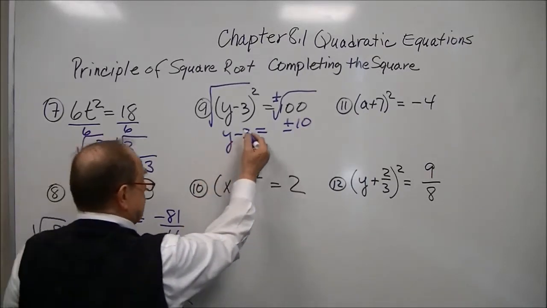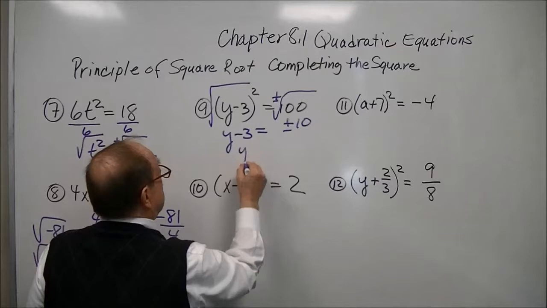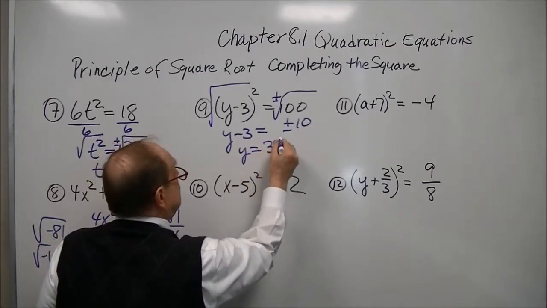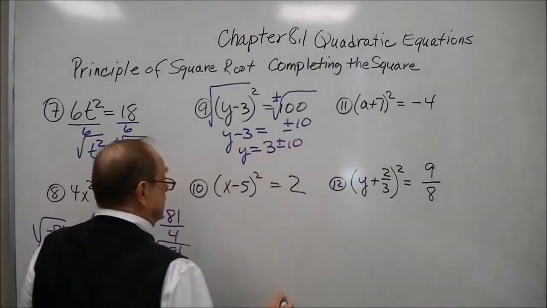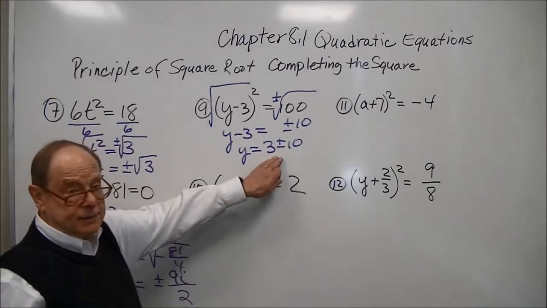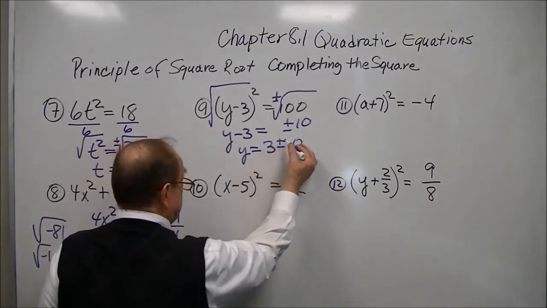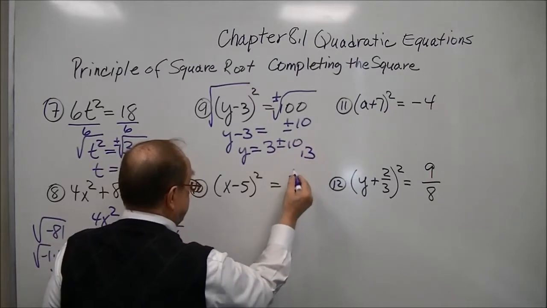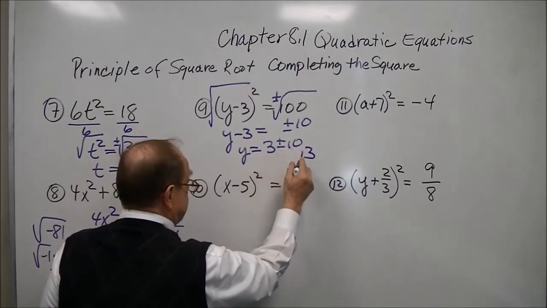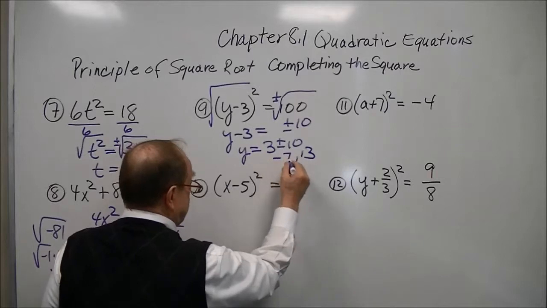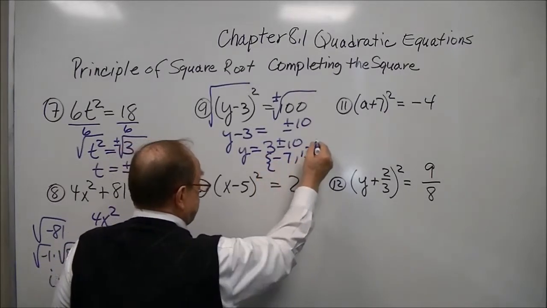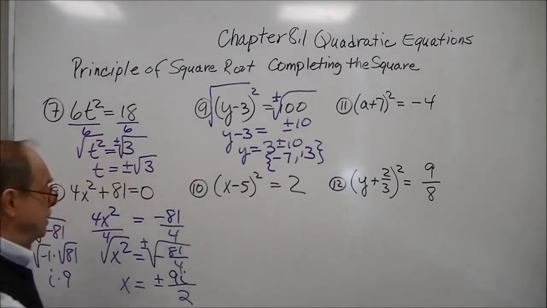And then we transpose the negative 3, so we go y equals 3 plus or minus 10. And you don't leave the answer that way, you actually work it out. So 3 plus 10 is 13. 3 minus 10 is negative 7. So those are your answers.